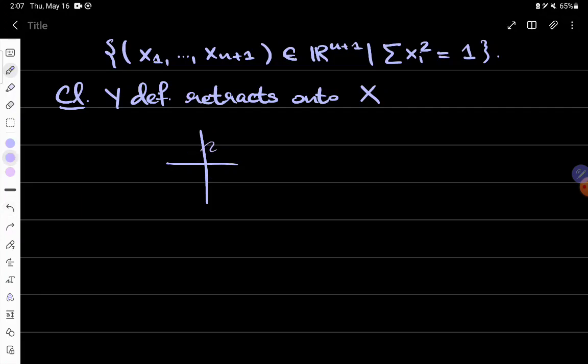Let me do this in a different color. This is a puncture. We are going to squish everything like this, because we want to send everything to this normalized vector.